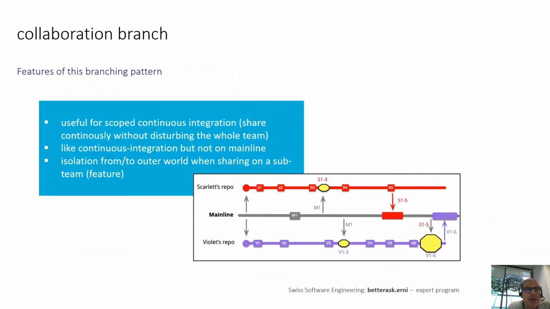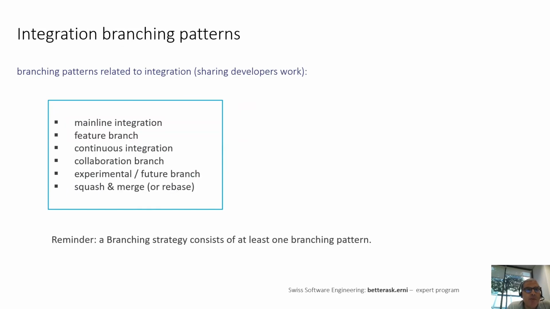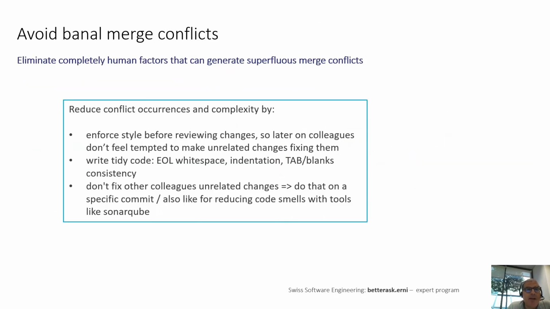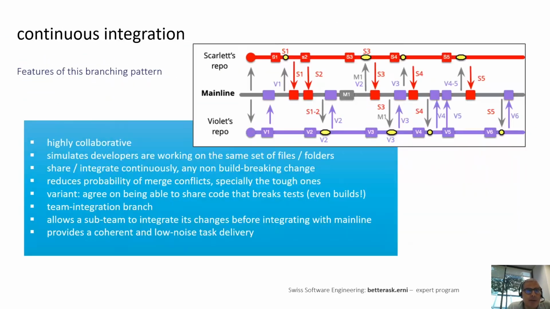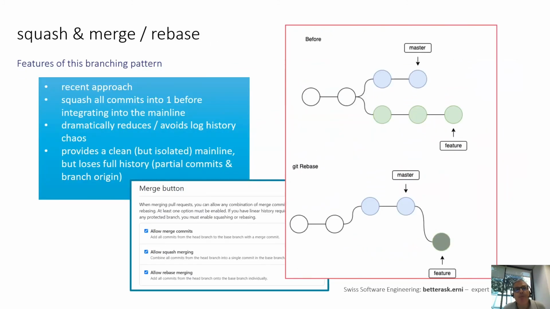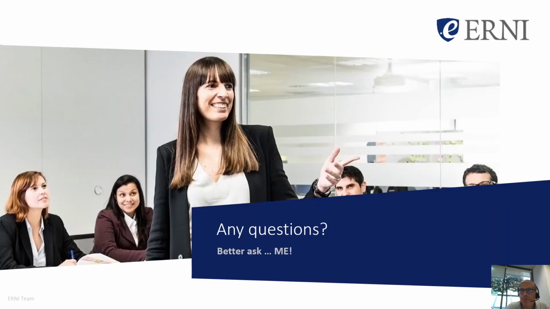Like for example, as I told you, the squash and merge, I discovered it maybe last month, so I didn't know about it. As I said, the selector will be disclosed next session next week.